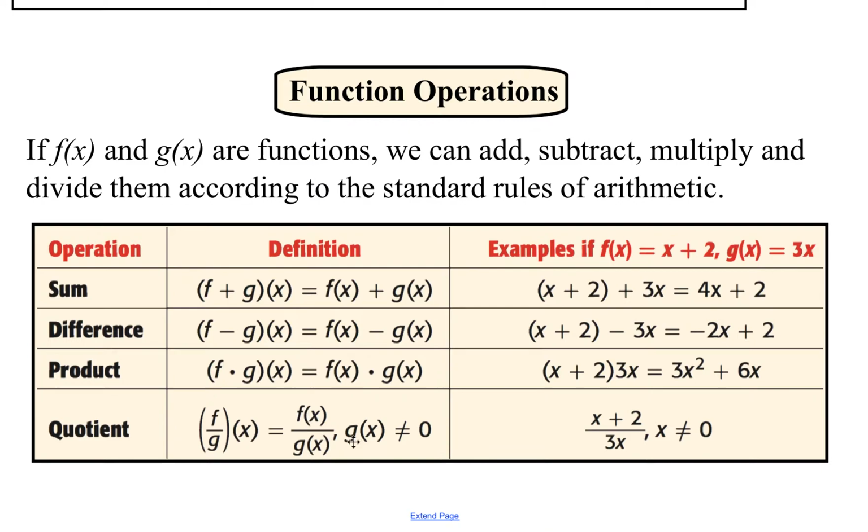The only thing I want to mention here is that when you're doing the quotient of two functions, you do need to define values that are not included in the domain. Those values are what makes a denominator 0. So to find the value that would make the denominator 0, you set the denominator equal to 0 and solve it for the variable. And that tells you what number is excluded from your domain.